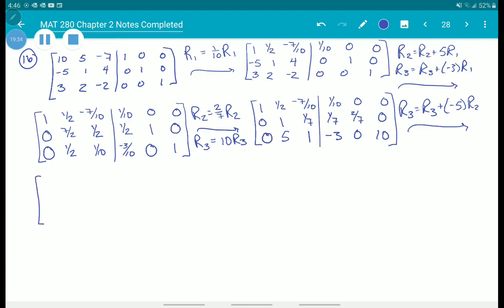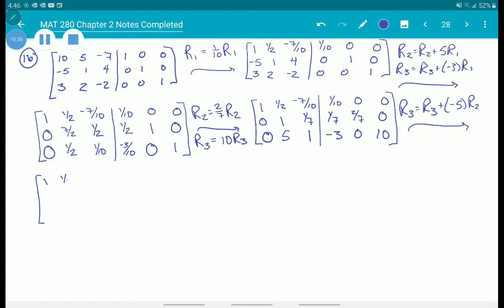So first 2 rows stay the same. Five minus 5 is 0. 1 minus 5 over 7 is 2 over 7.